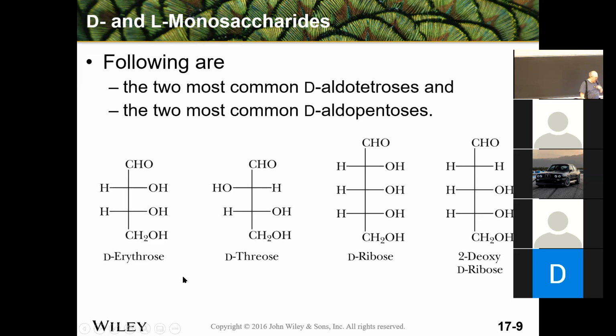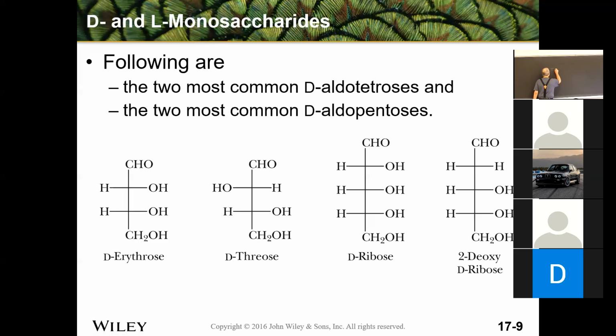For 4-carbon aldoses, there are 2 of those. And these are erythrose and threose. And there's a mnemonic to help us remember these.